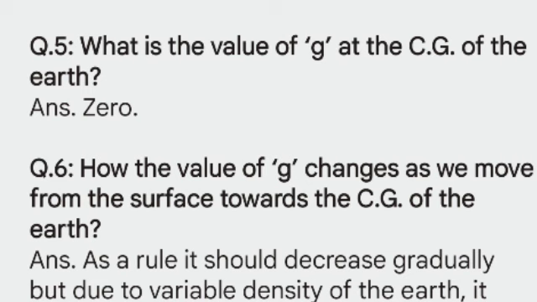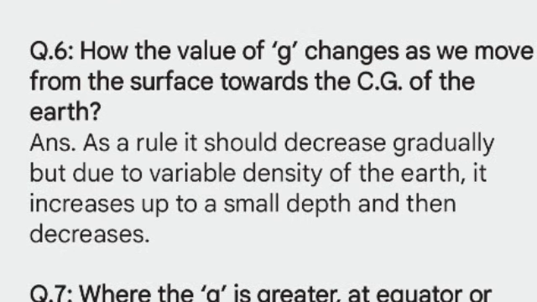Answer is 0. Next, how does the value of g change as we move from the surface towards the center of the earth? Answer: as a rule it should decrease gradually, but due to the variable density of the earth it increases up to a small depth and then decreases.